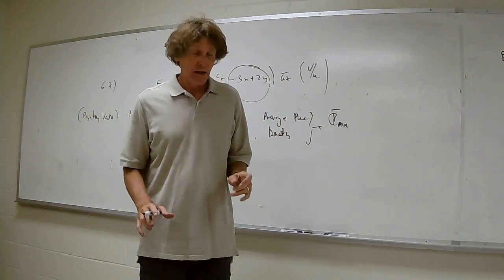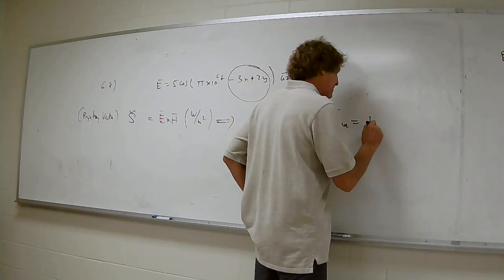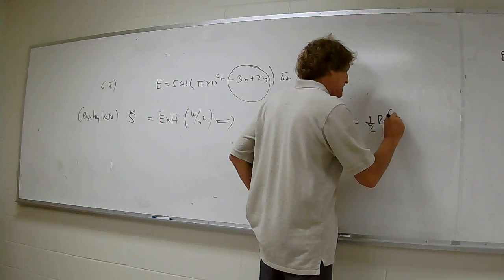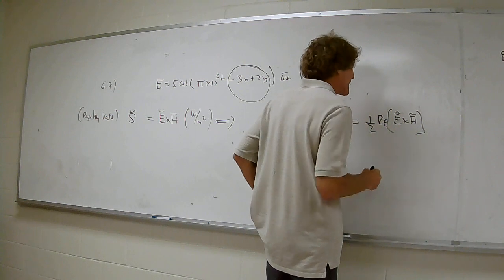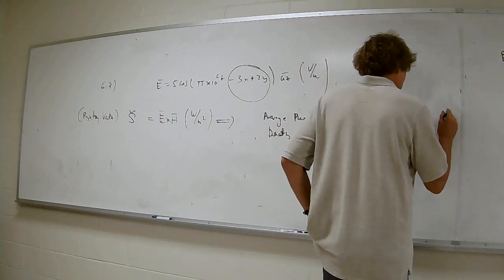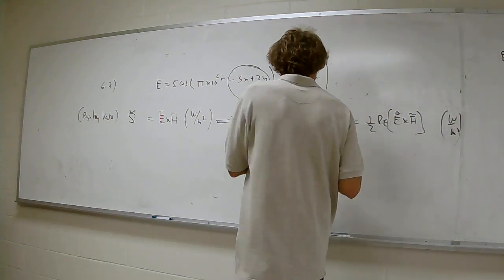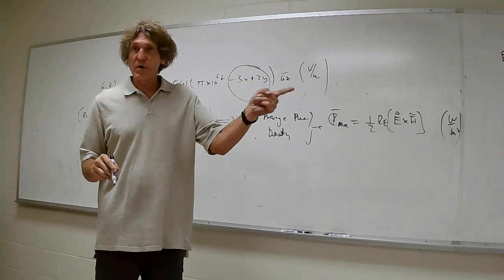Do y'all remember that? Well, this is going to be, from the phasor, 1/2 the real part of E vector phasor crossed into H vector phasor, and the units of this are watts per meter squared. That's average power. Power always flows in the direction the wave goes.